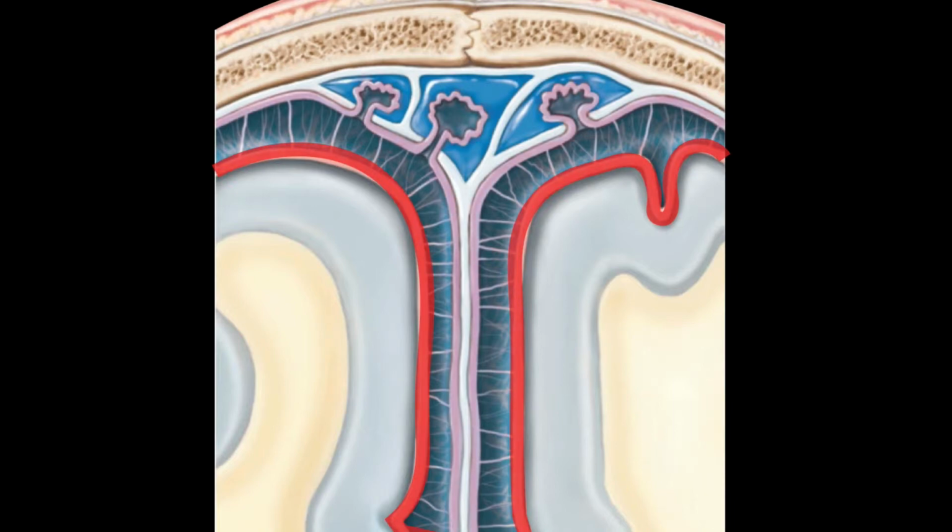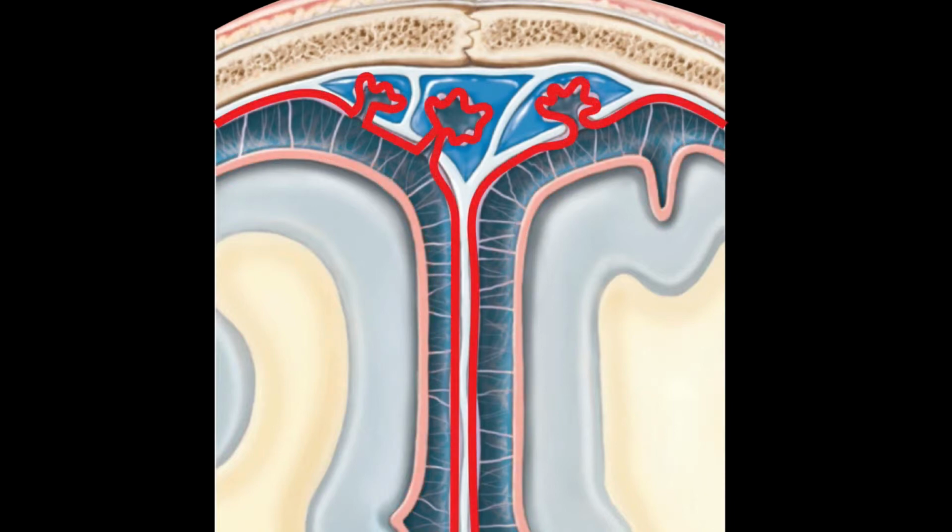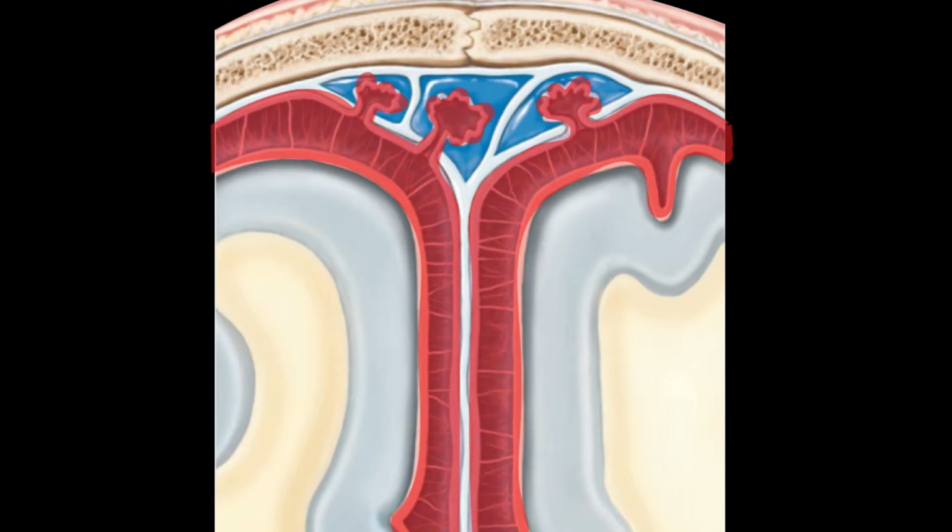And then just above that, we have the arachnoid mater, and just in between that and the pia mater, we have the subarachnoid space that is filled with the cerebral spinal fluid. Now, one of the things that I want to point out is that you see some arachnoid granulations. They kind of look like cauliflower, and these are microscopic protrusions that go into the venous system, and this is where the cerebral spinal fluid will actually drain out, because the cerebral spinal fluid is constantly being remade in the brain by cells called the choroid plexus.